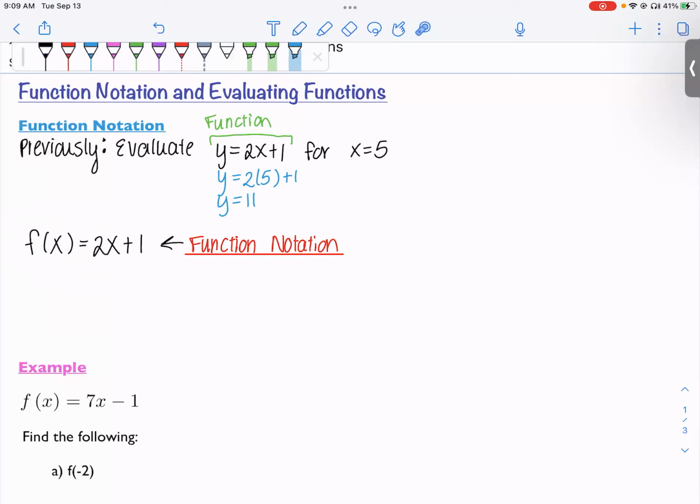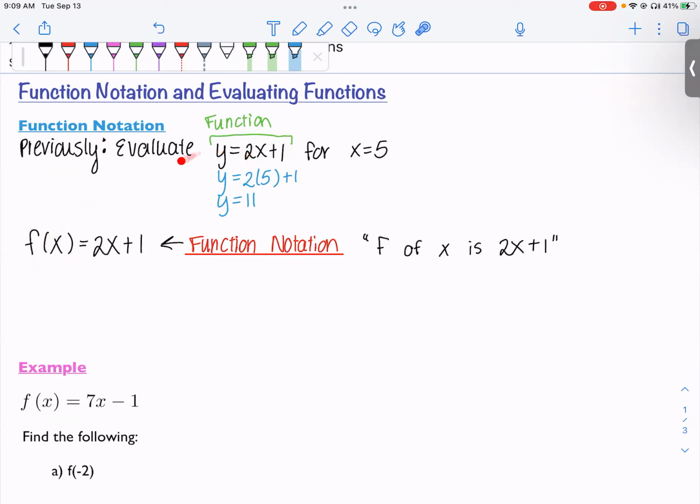First of all, the way you would read this out loud, this says f of x equals 2x plus 1. This part, f parenthesis x end parenthesis, we read as f of x. The 2x plus 1 part is exactly the part you see over here.